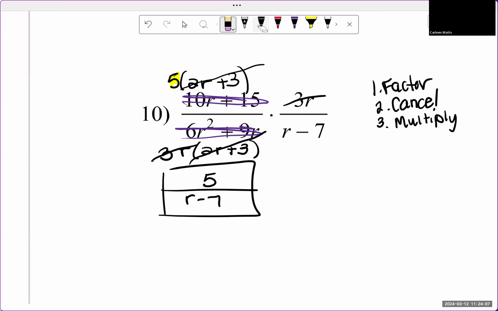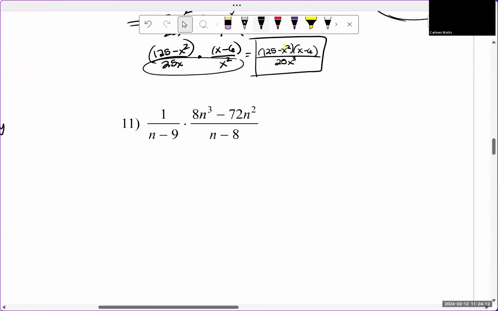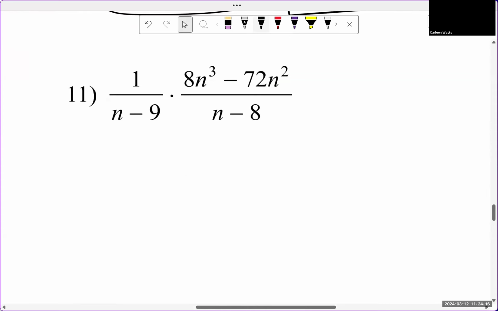Okay, 11. Factor, what is the greatest common factor? How about 8?